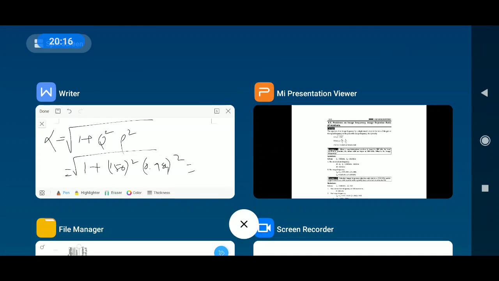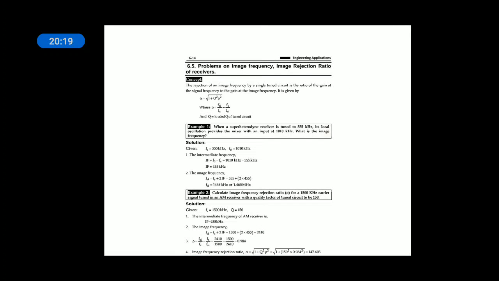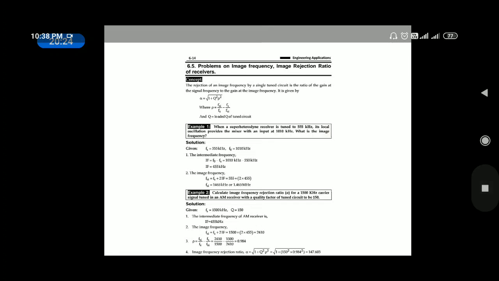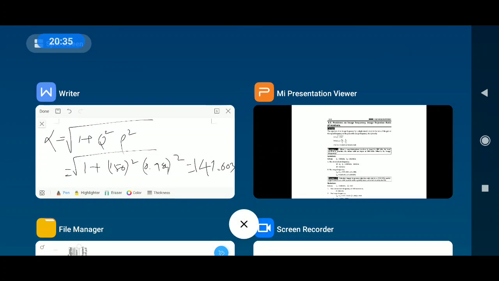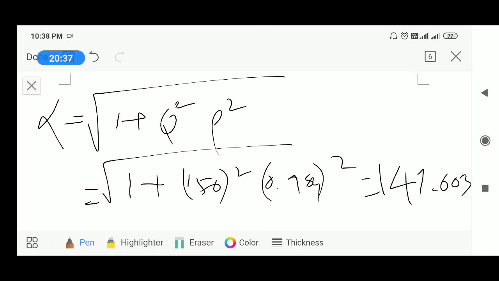If you substitute all these in the calculator, you will get 147.603. So the square root of 1 plus 150 square into 0.984 square is equal to 147.603, which is the image frequency rejection ratio.